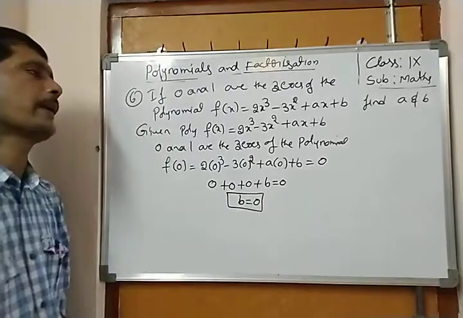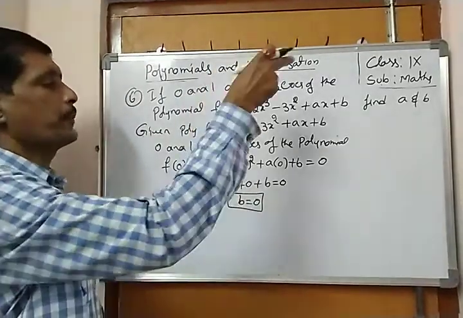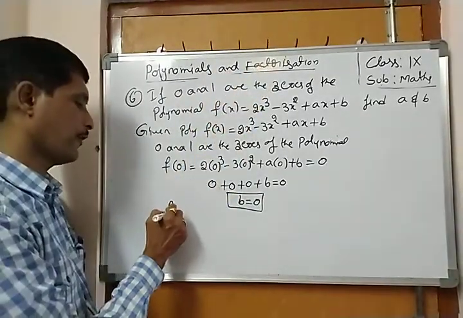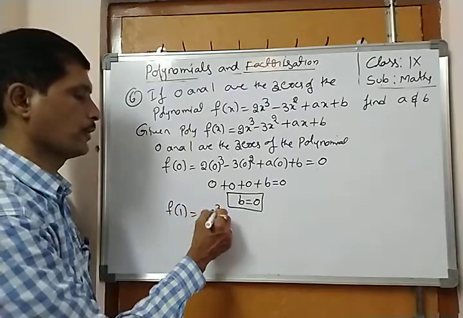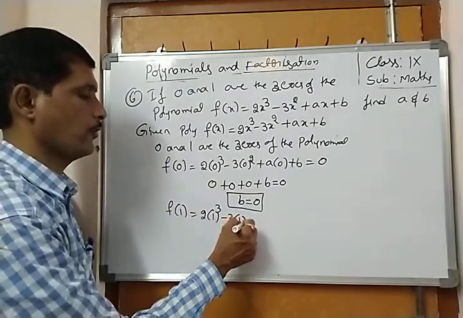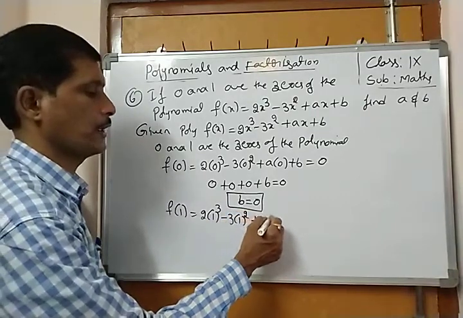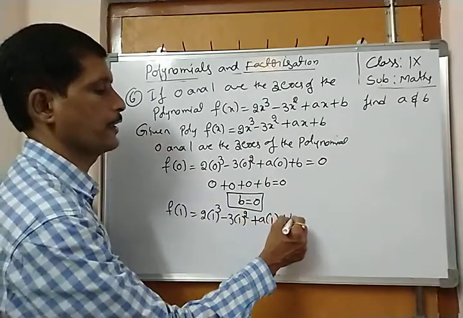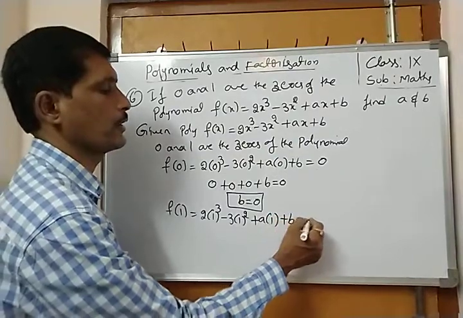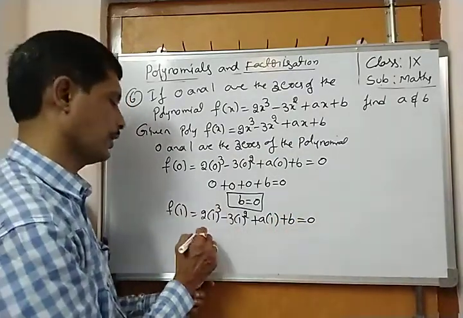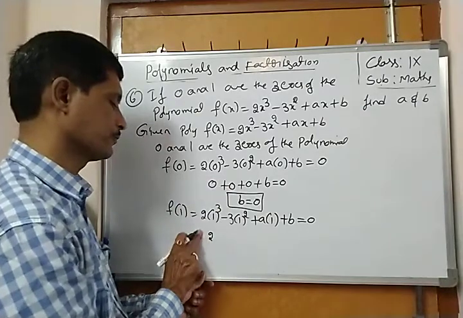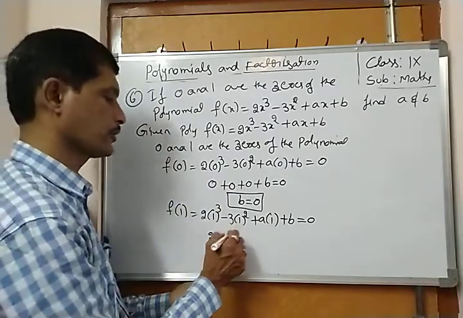Next, what is given now. Next, 1 is the zero of the polynomial, therefore f of 1, therefore 2 into 1 whole cube minus 3 into 1 whole square plus a into 1 plus b equal to 0 only. Here 1 cube, that is 1 only, therefore that is 2. Minus 1 whole square, that is 1.